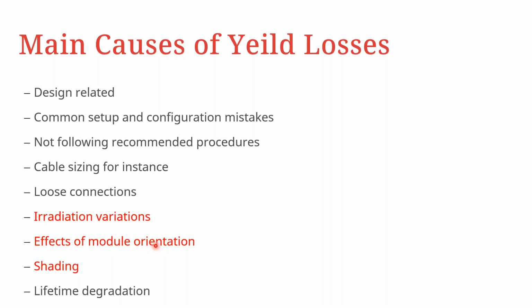So if you've got a southern hemisphere project that's being installed, but most of your modules are south orientated, that will greatly affect the yield of the plant itself, as well as shading. Also considered is lifetime degradation. Your modules will degrade over time, so they will lose a certain percentage of efficiency over the coming years from the manufacturer.